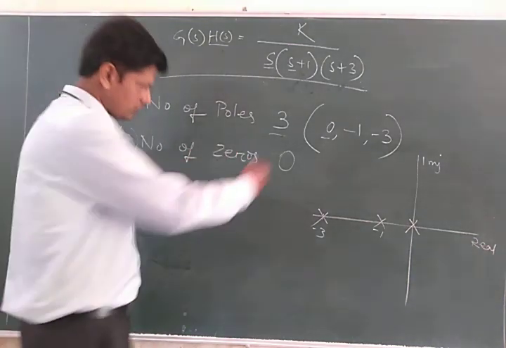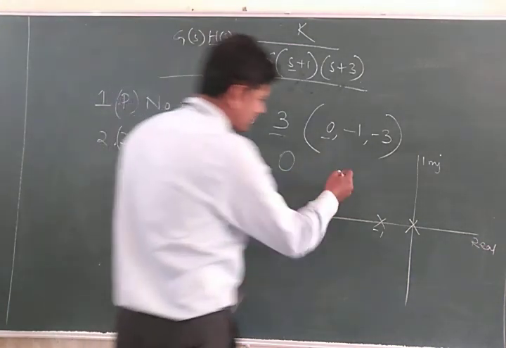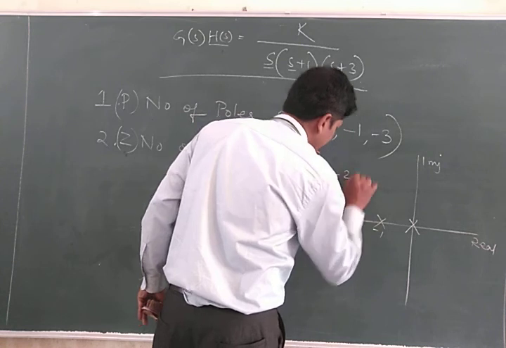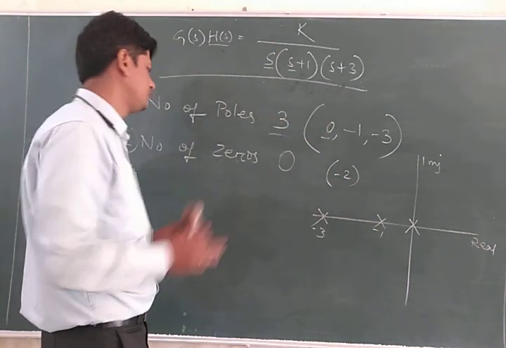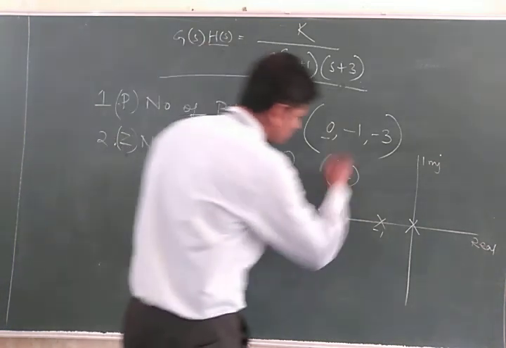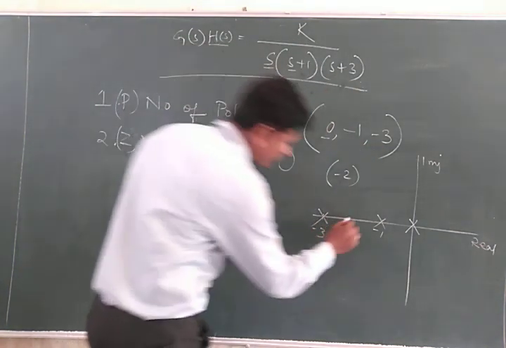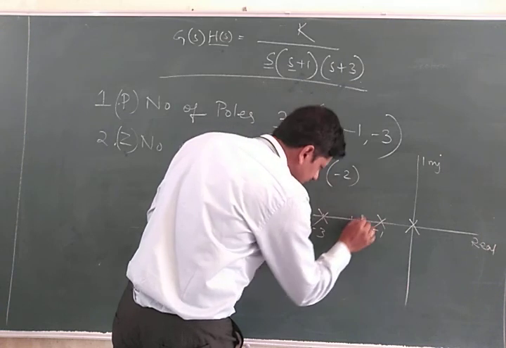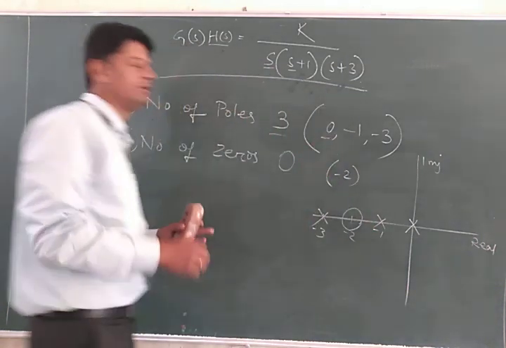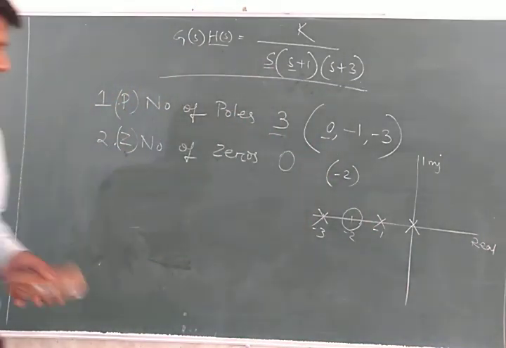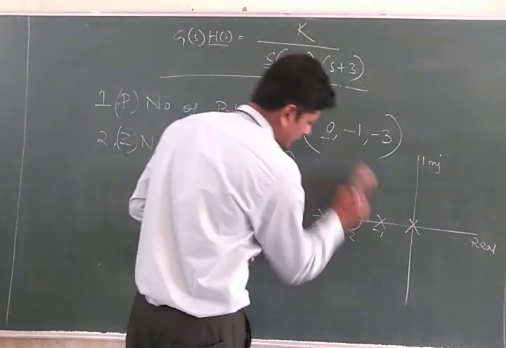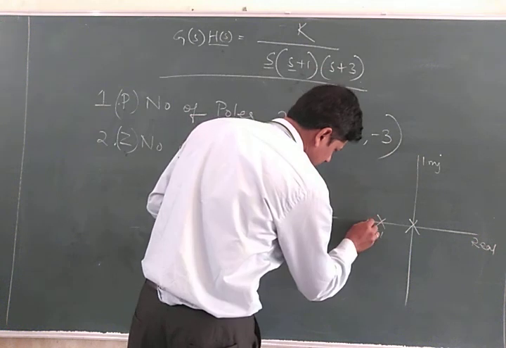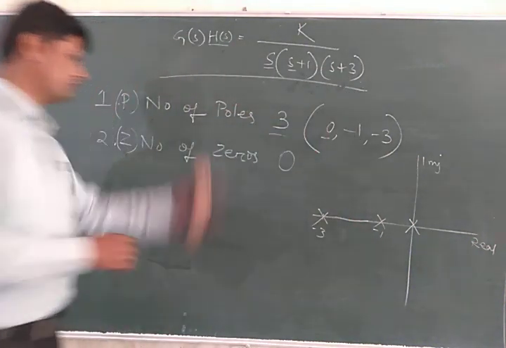If some zeros were present, suppose at -2, we would have to mark -2 here. A zero is always marked with a circle. But in this problem we have no zeros, so I am not drawing the zero part. Only poles are present, so we have marked this.